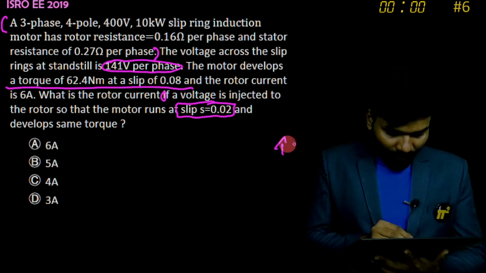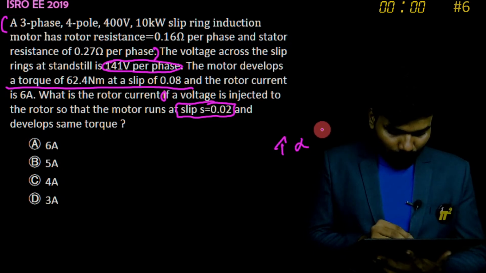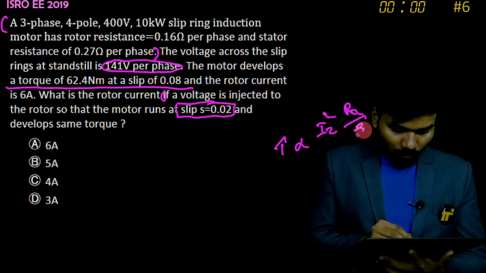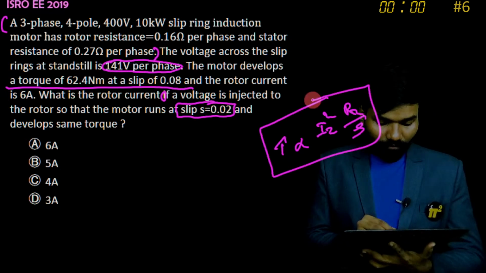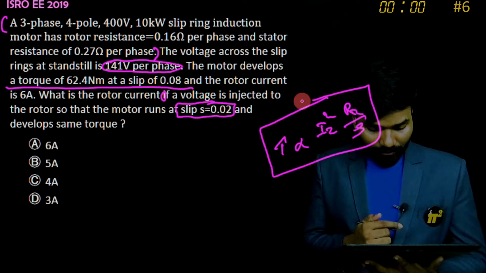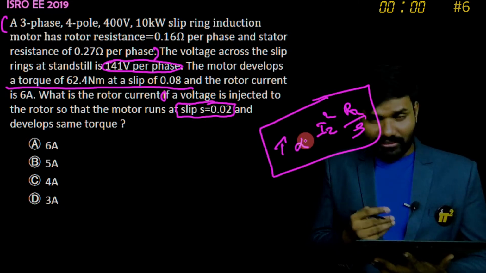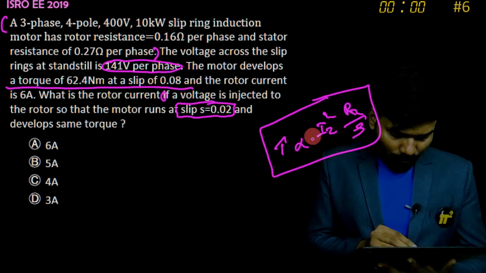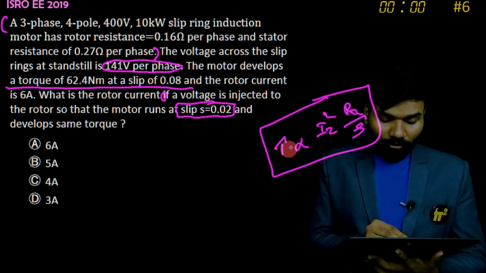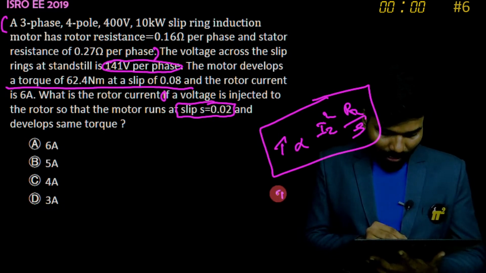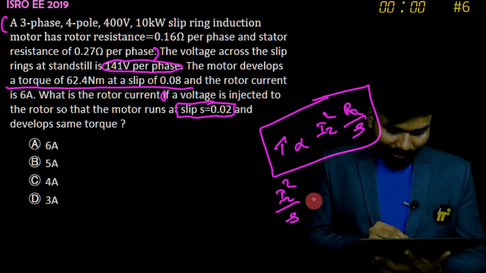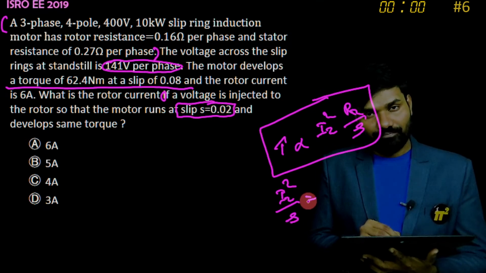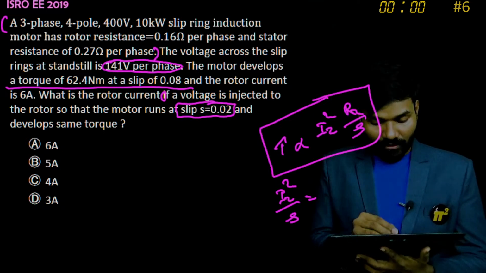We know torque is proportional to I2 square into R2 by S. You know this formula, a basic thing. If it is three-phase, it will be multiplied by 3. So for the same torque, I2 square by S must be the same, because the rotor resistance is the same.